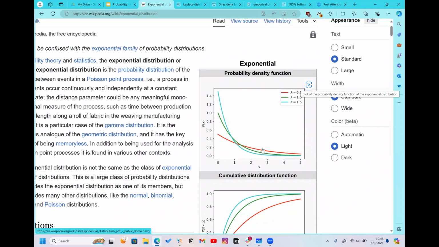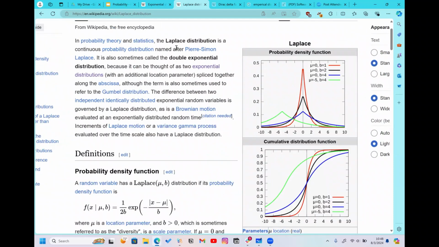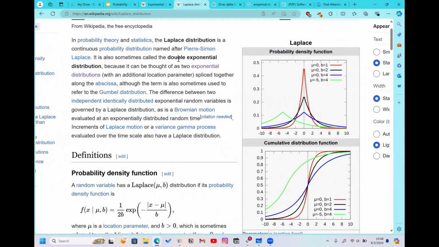And then we have the Laplace distribution. It's called a double exponential distribution, as it's written here, right? So basically you can think of two exponential distributions along this line. And so it is the difference between independent identically distributed exponential random variables, and this gives the Laplace distribution.